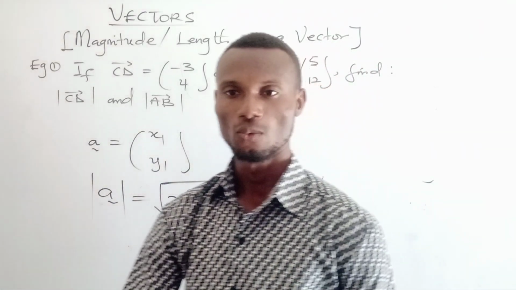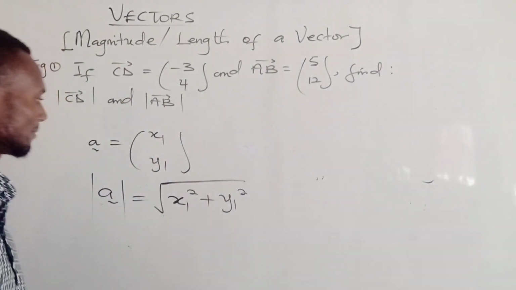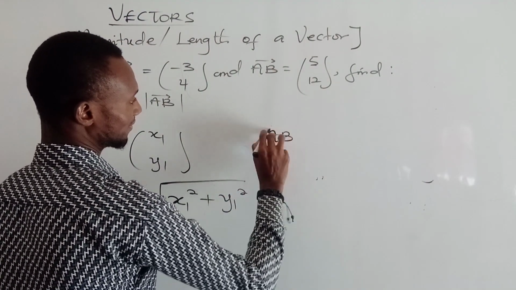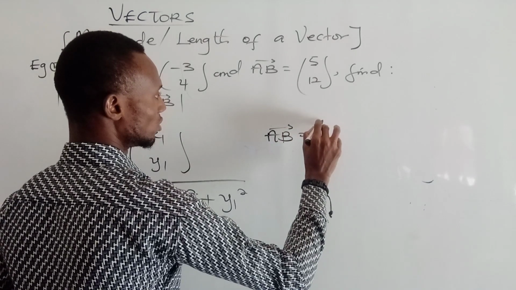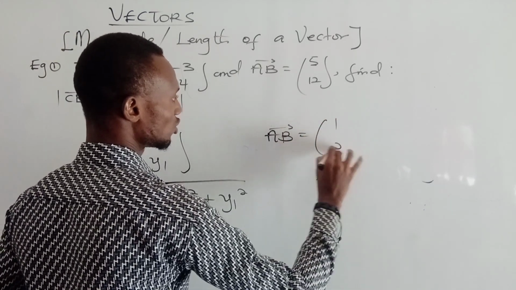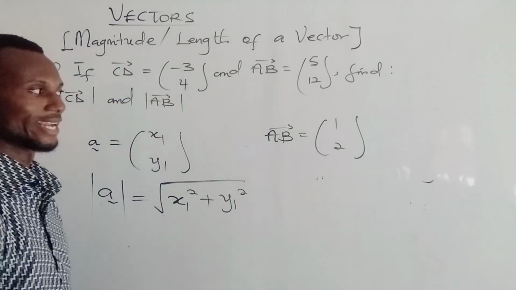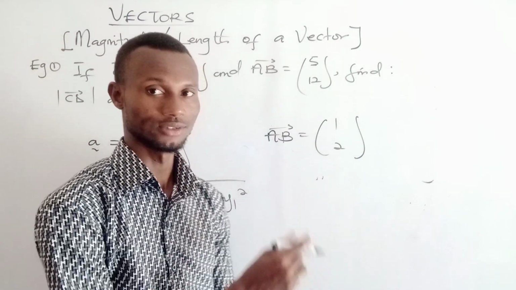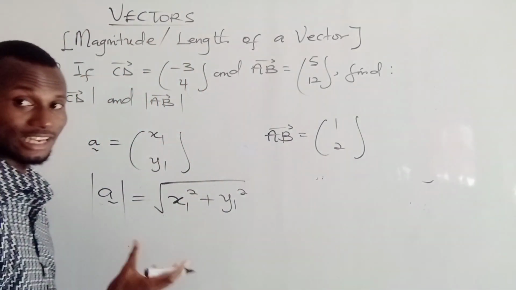Now when you are given, let's say, vector AB equals 1, 2, and I'm being asked to find the magnitude of this vector AB, let's go from the process that I've shown you.